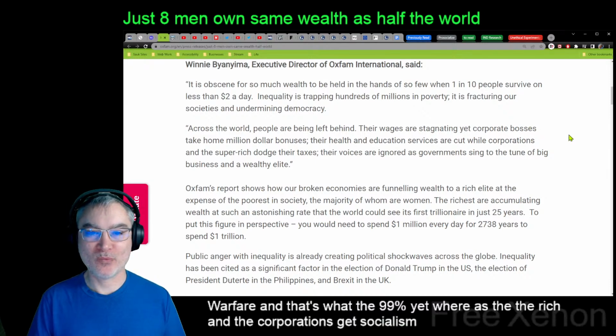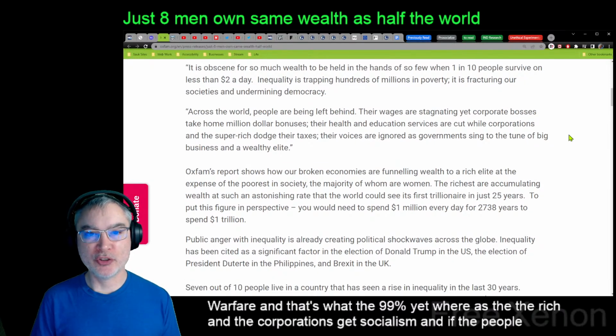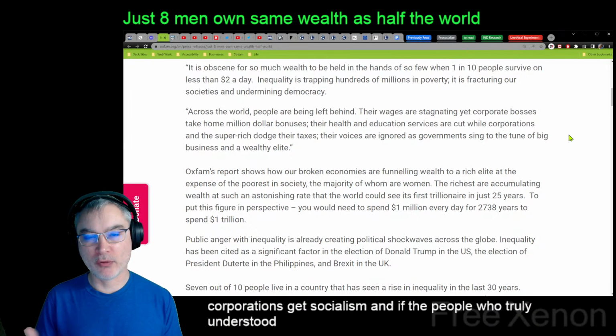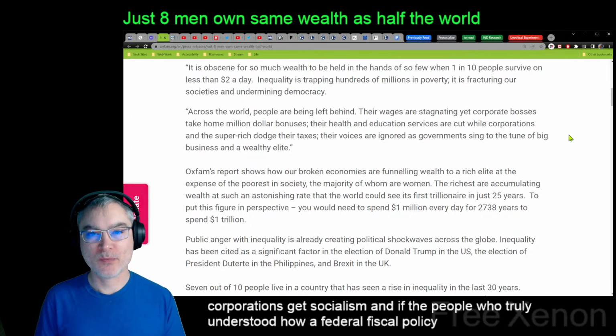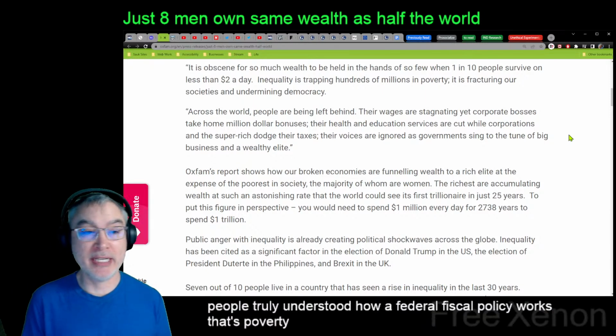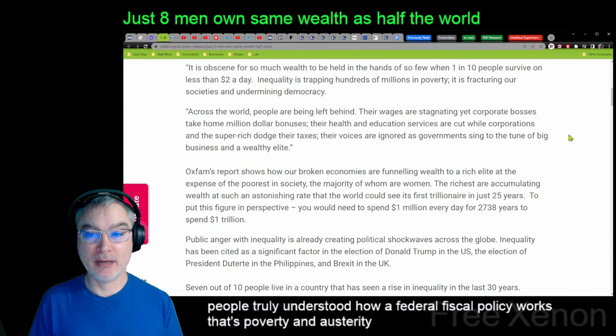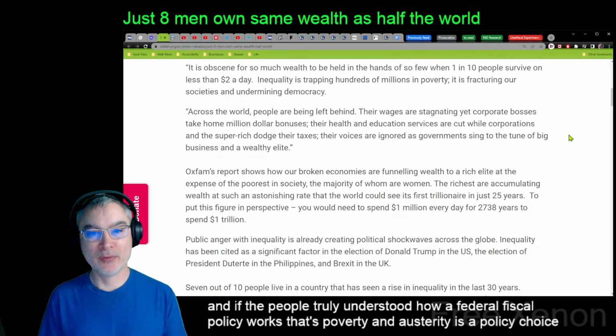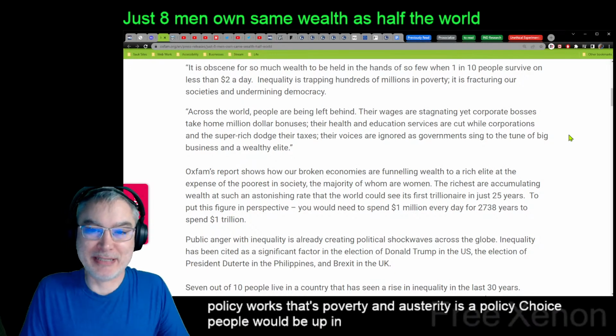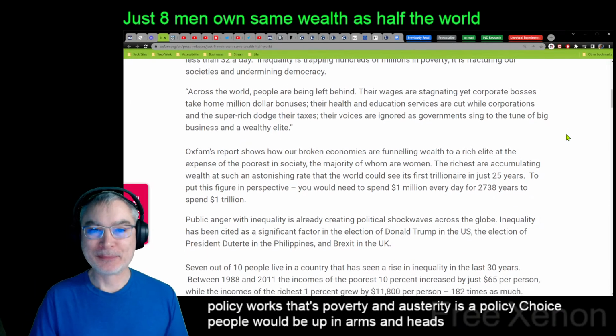Yeah. And if the people truly understood how federal fiscal policy works, that poverty and austerity is a policy choice, people would be up in arms and their heads would be rolling.